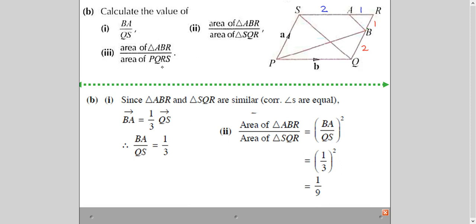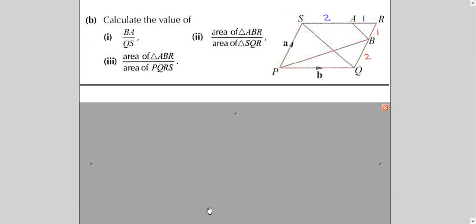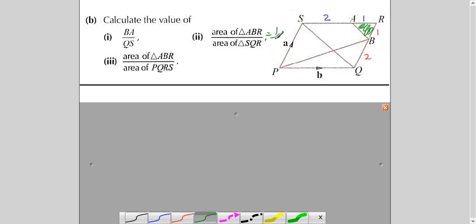Now it comes to the last part: the area of triangle ABR and PQRS. ABR is this triangle and PQRS is this whole thing. So now what do you say? Right now we have found that the ratio of this is 1:9.